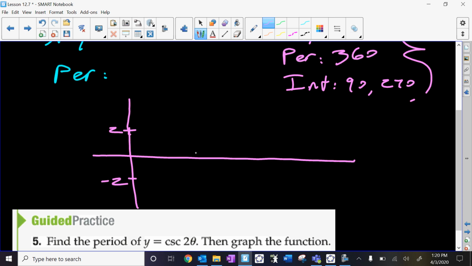I have a period of 360, tack on another 360, that's going to get me 720. My intercepts are going to be at 90 and 270. 90 plus 360 gets us 450, and 270 plus 360 gets us 630.